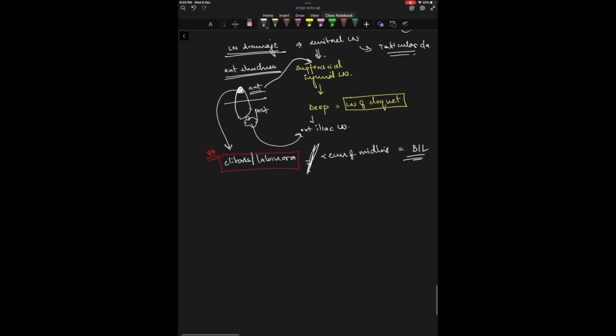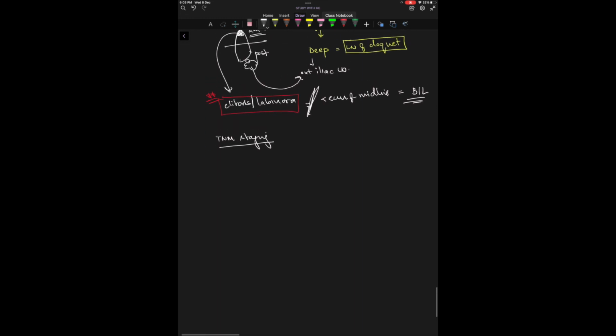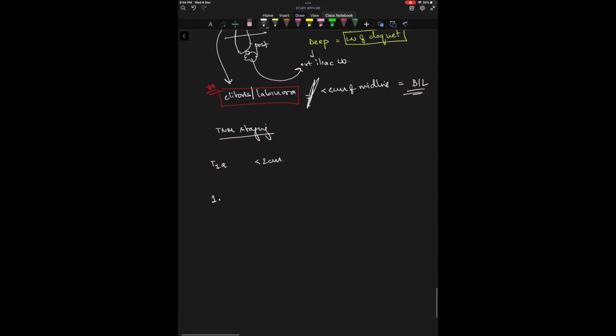Okay, now let us go to the staging. Here we follow the TNM staging. So T1A, it is less than 2 centimeters, and T1B, it is more than 2 centimeter.